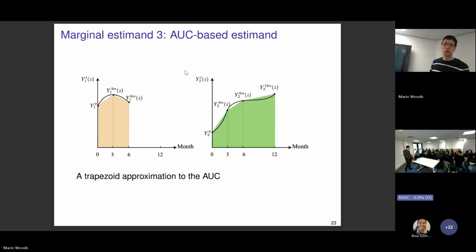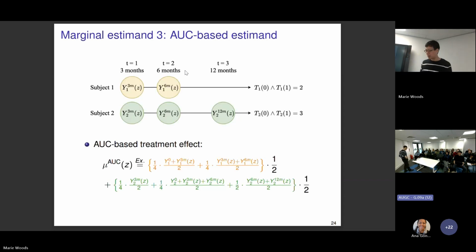So we can do something like AUC adjustments. Suppose this is your underlying quality of life curve, and these are the three measurements you have. You can estimate the area under the curve, where you take into account that if this is a longer time period, you don't just apply a naive average.